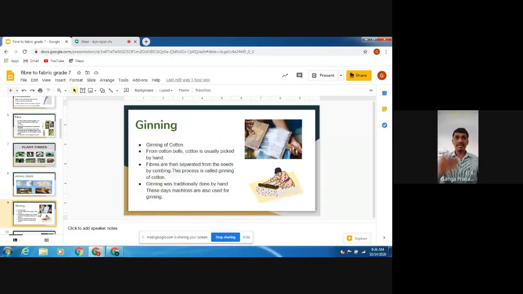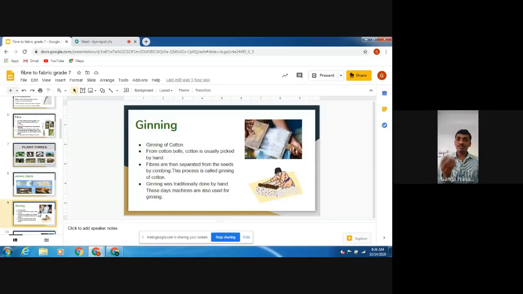Yeah, we'll discuss first. We learned three to four processes in 6th class, right? The first process is ginning. The cotton fibers are separated by hands or harvesters. Cotton fiber contains seeds in it, right?